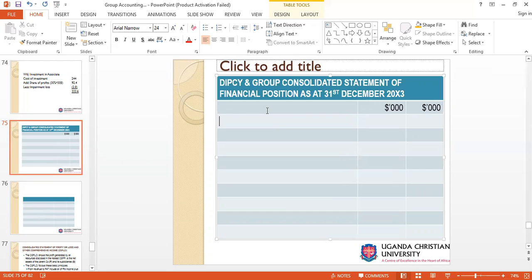We start with non-current assets. One of the non-current assets is tangible assets. So let's consolidate tangible assets.